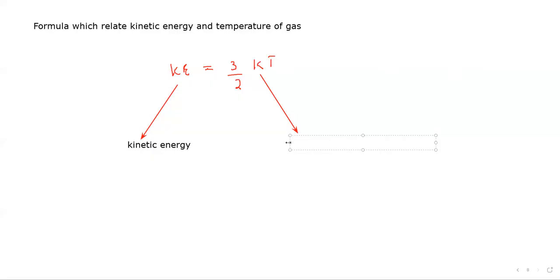And what is k? k is the Boltzmann constant. And T is the absolute temperature, or temperature in Kelvin.